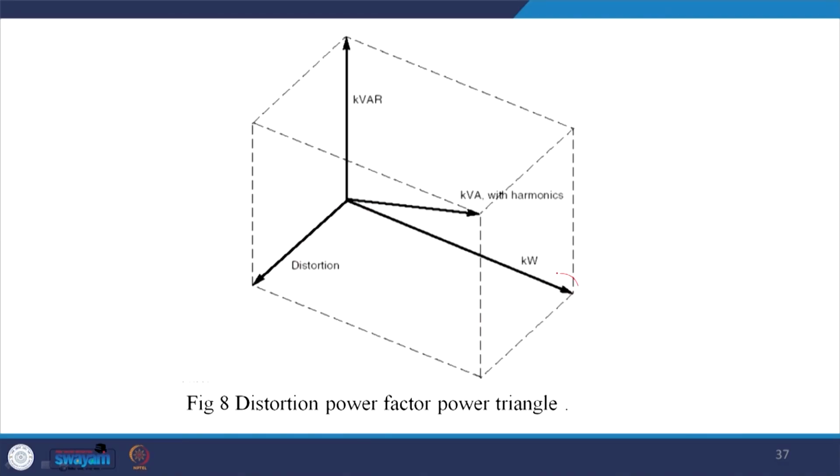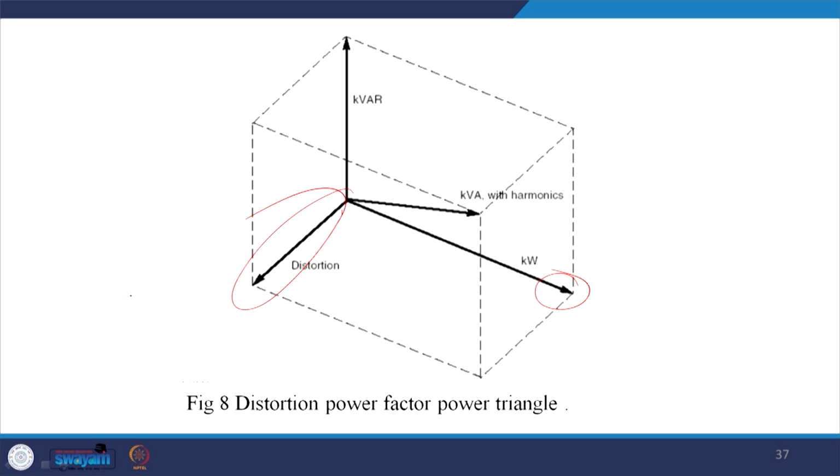This is the kilowatt and this is the kVAR, and if there is no harmonic, ultimately you can take the resultant, that is your kilovolt ampere, the apparent power, but when there is harmonic distortion, it forms a cube or parallelepiped, and ultimately this diagonal gives you the magnitude, that is the kVA with the harmonics.